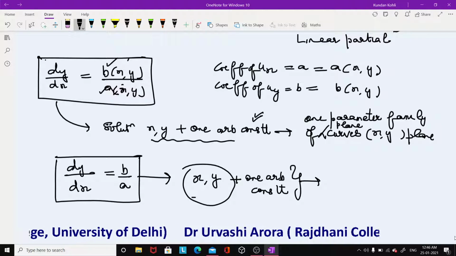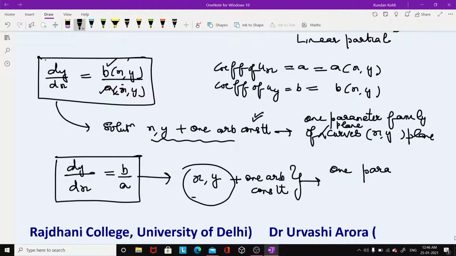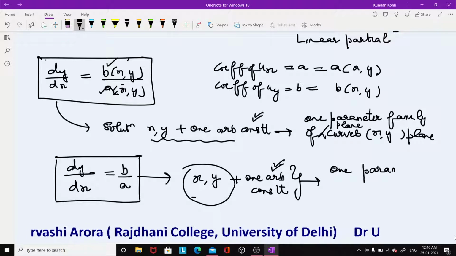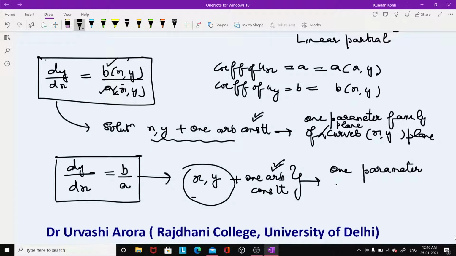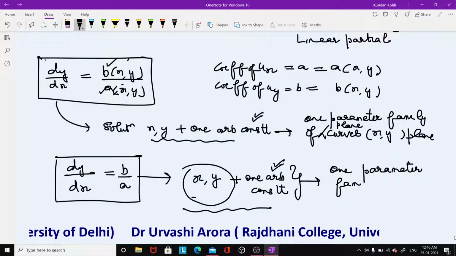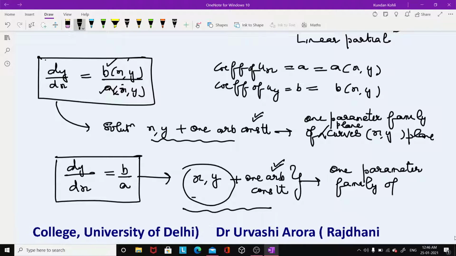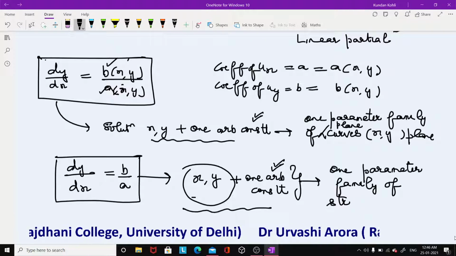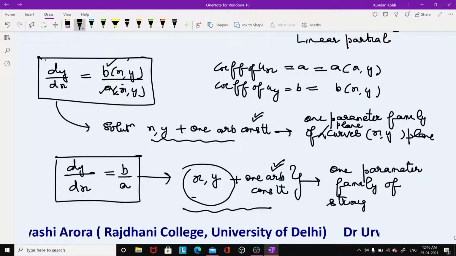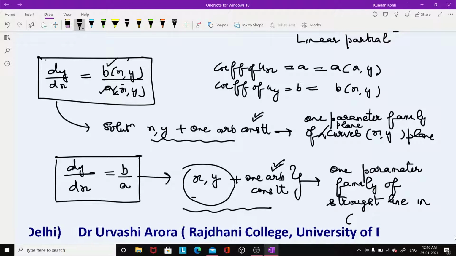So this will be a one parameter family of lines, because one arbitrary constant is there, and it will not be just one straight line, but a family of straight lines. Because b and a are constant, the integral will be a straight line involving x and y in the xy plane.